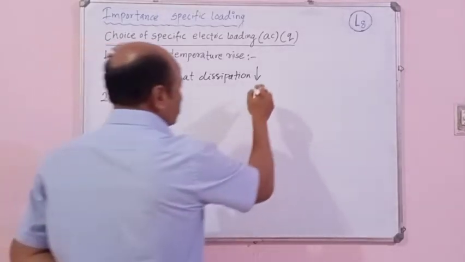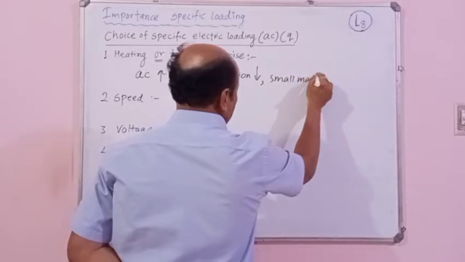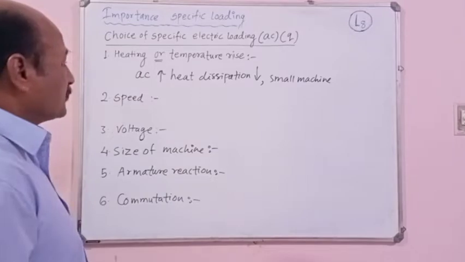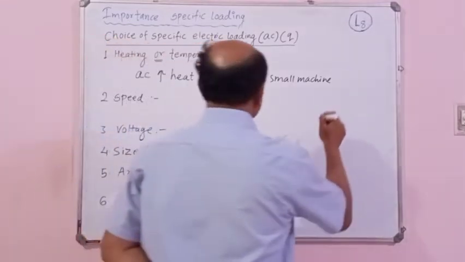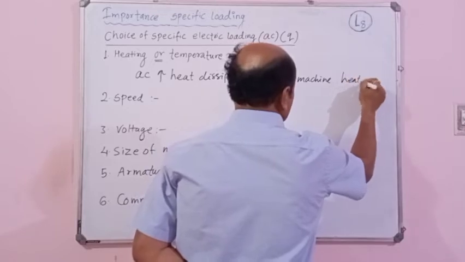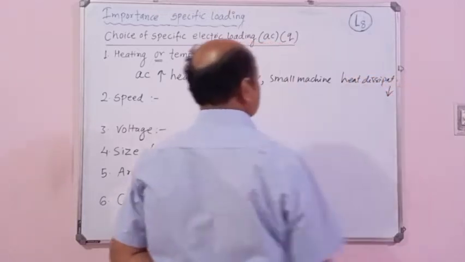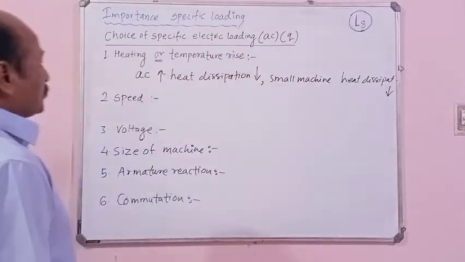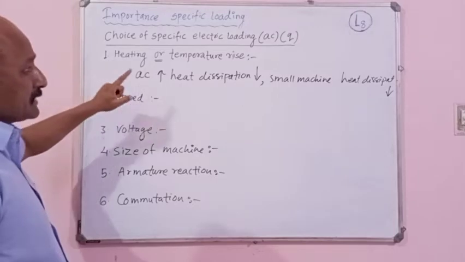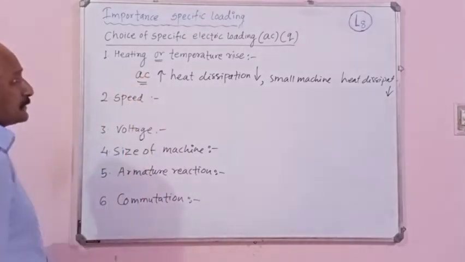For the small machine also, if we choose the small value of AC, under that condition what happens? The heat dissipation is also poor due to the surface area factor. So that's why the proper temperature rise or the proper value of AC or the specific heat loading you have to select.